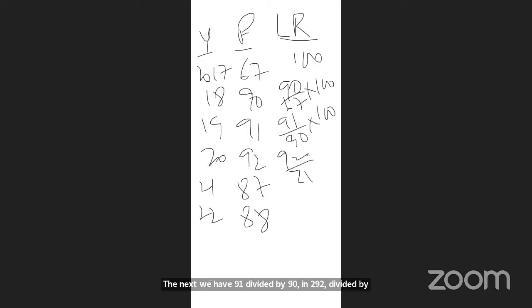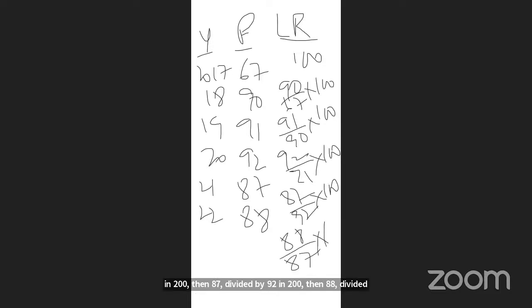Now 90 by 67 into 100. The next we have 91 divided by 90 into 100. 92 divided by 91 into 100. Then 87 divided by 92 into 100. Then 88 divided by 87 into 100. These are link relatives. First, we have to calculate the link relatives.